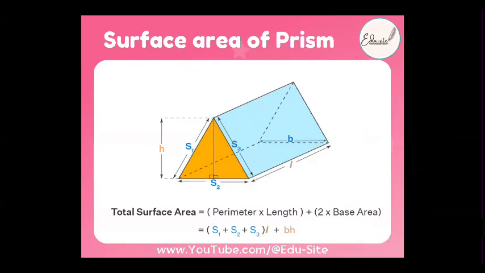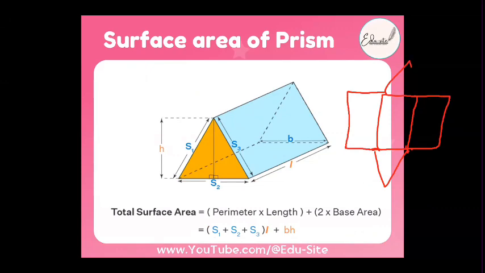Do you want me to split this up and write? Okay, we have a triangle here. This is a rectangle. This is a rectangle again. This is a rectangle again. If you want me to open this figure, it will be easy for you to understand. Okay, beta? So this is one side, this is 2 side, and this is 3 side.